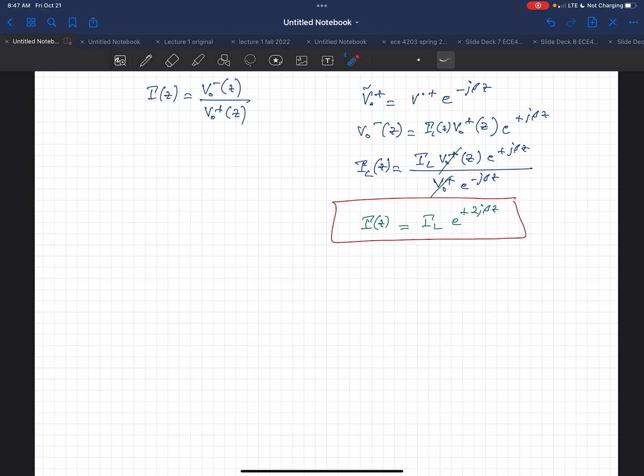So this says the reflection coefficient anywhere along the line is the reflection coefficient of the load times a phase that's a function of where you are along the line.